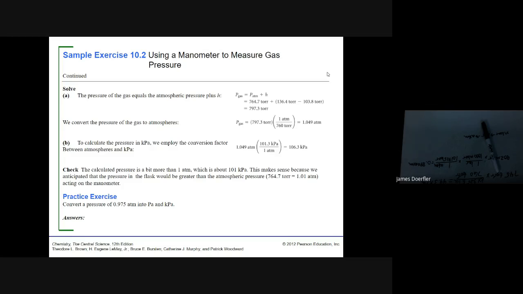Okay, so we're going to do, probably before your first quiz, another example of a manometer problem, okay? So we'll see this again. But what I want you to do next is this.